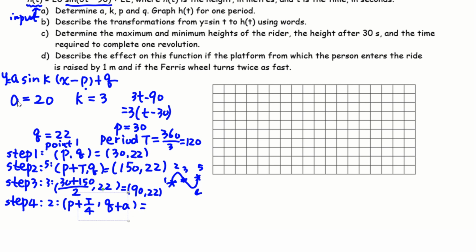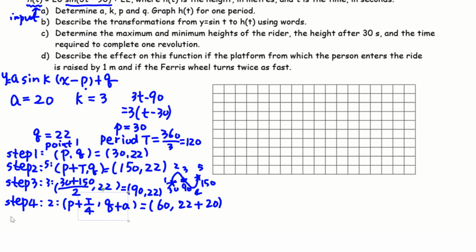This A is the A value at the front of the function. So the quarter of this one will be 30. So 30 plus 30, this is 30, 90, 150. Then the middle of 30 and 90 gives you 60. Then q plus the A value of 20.